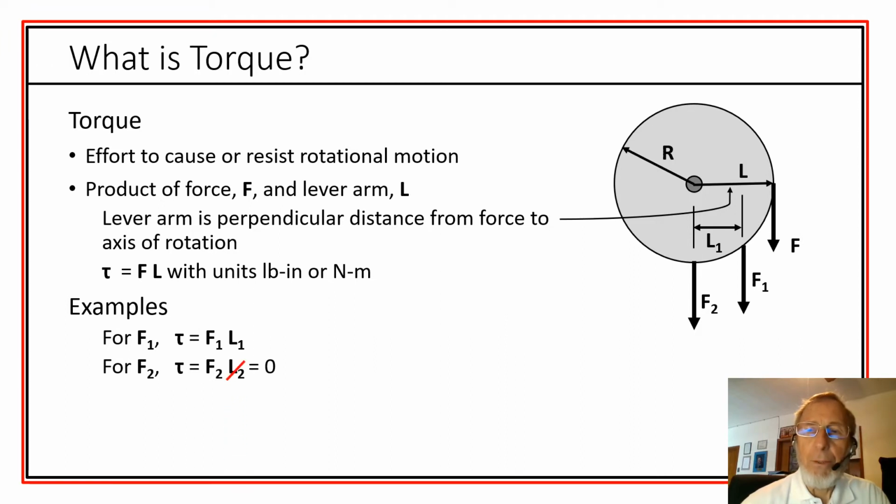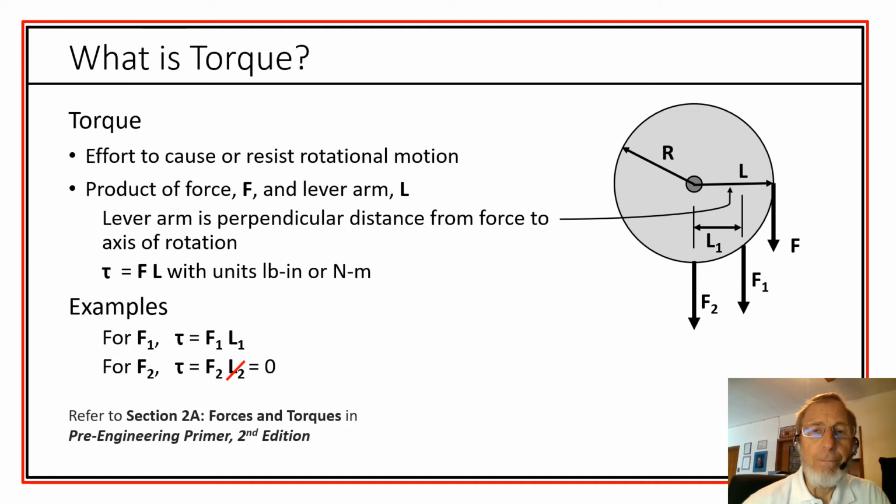If we look at F2, notice that it's acting right through the line that extends up to the axis of rotation. So its lever arm is 0, and therefore its torque, or its tendency to rotate that wheel, is 0. For more discussion of forces and torques, I encourage you to look at section 2A in the Pre-Engineering Primer, 2nd edition.